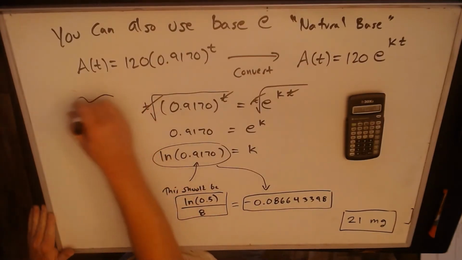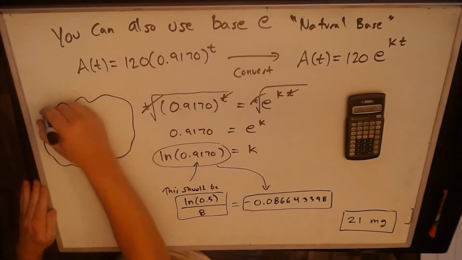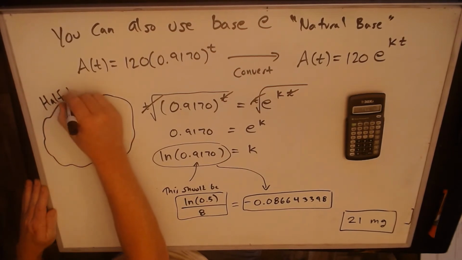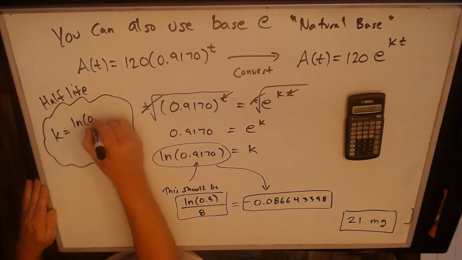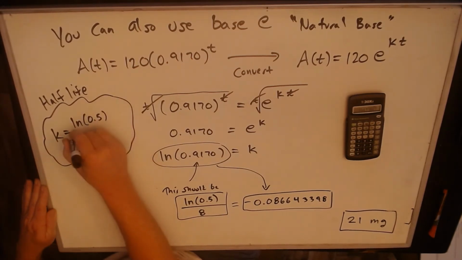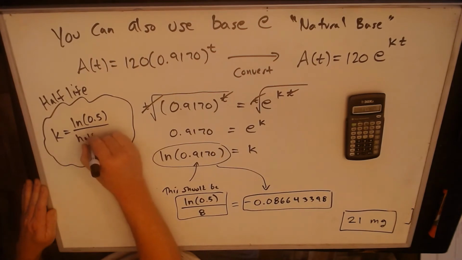So if you like to memorize, for half-life, k is equal to ln of a half divided by the half-life.